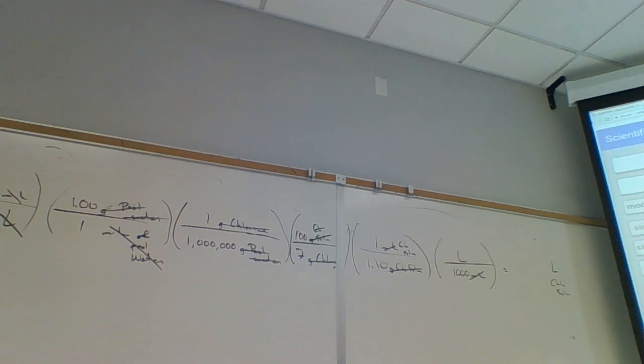Divided by 1 million. Times 100. Divided by 7. Divided by 1.1. I don't need the 1.10 because the 0 is not going to be factored into that. Divided by 1,000.